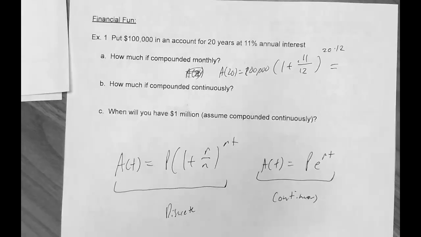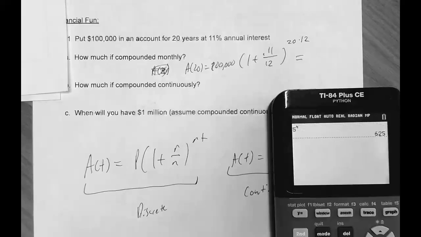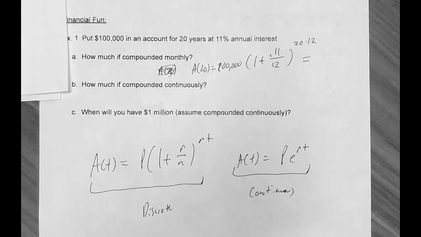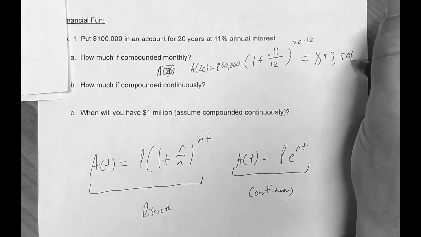On the calculator, we're going to get 100,000, 1 plus... We have $893,501.5.